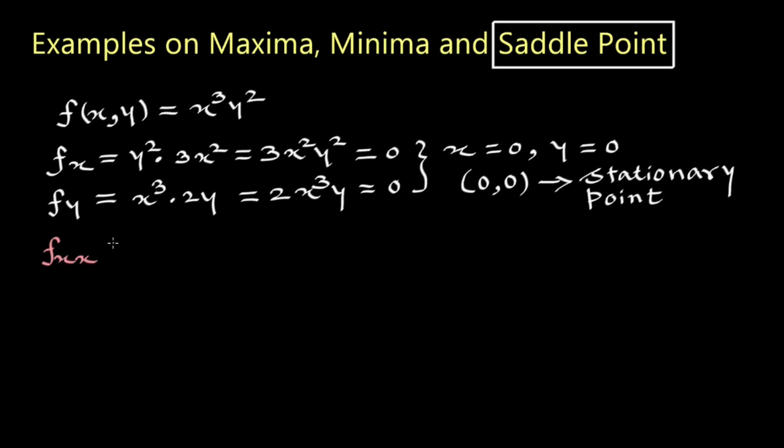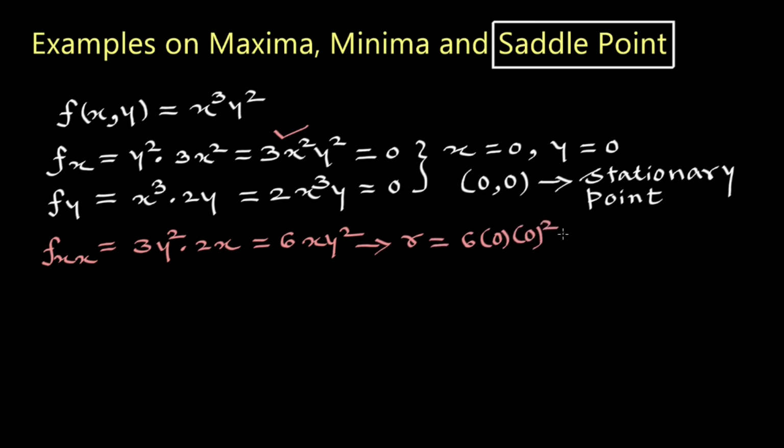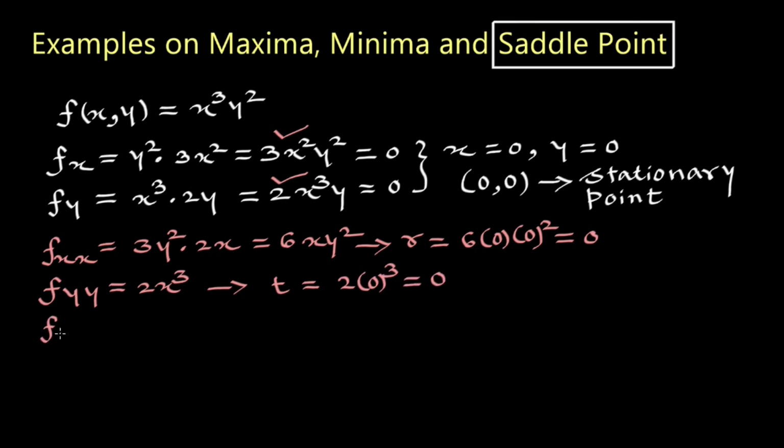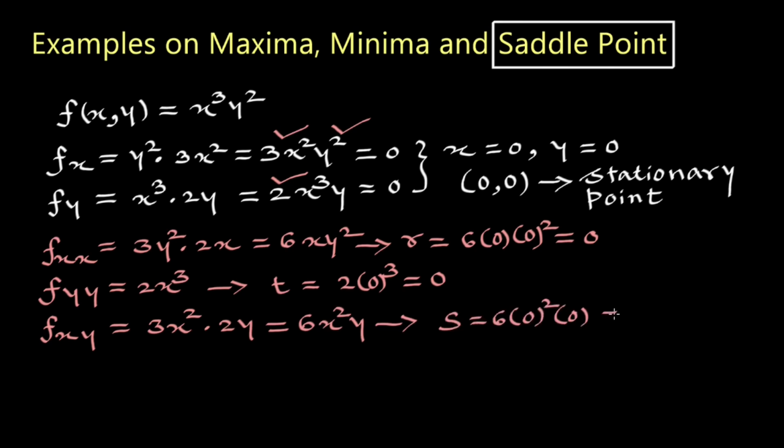Next we find fxx, from here 3y square into 2x, 6xy square, and therefore r at the stationary point will be 6 into 0 square, 0. fyy will be from here 2x cube, so t at the stationary point will be 2 into 0 cube, 0. fxy again from here will be 3x square into 2y, 6x square y, which at the stationary point s will be 6 into 0 square into 0, 0.